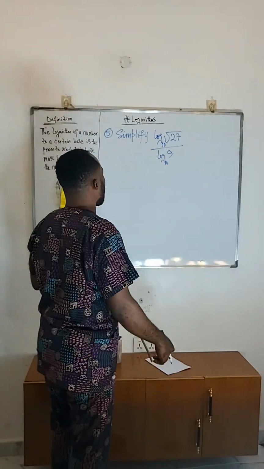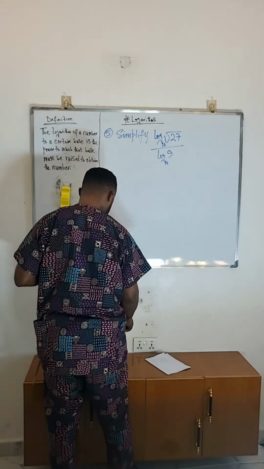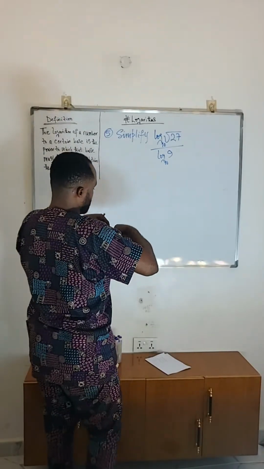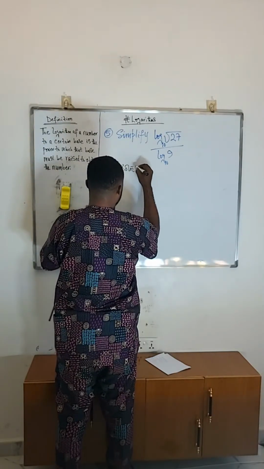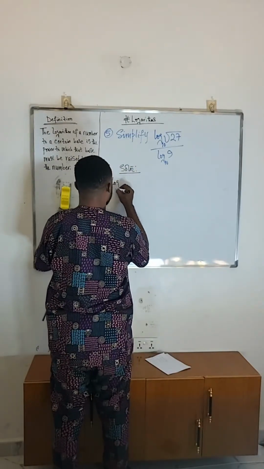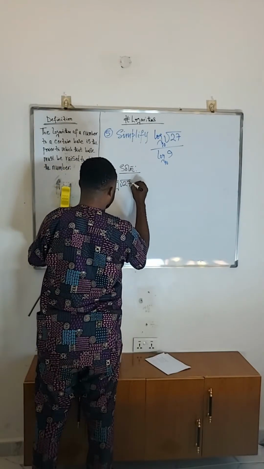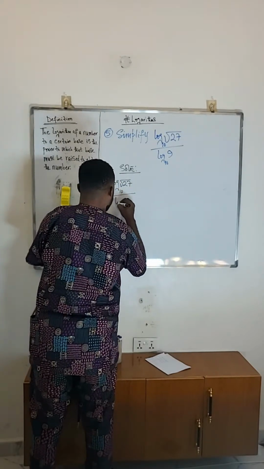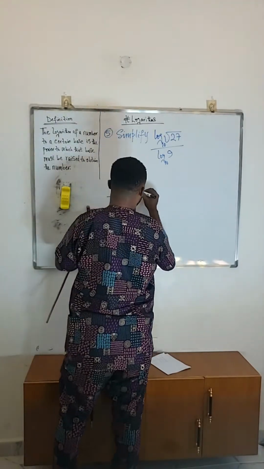Okay, so let me change the biro. Let's write out our solution. You have log root 27 in base 10 all over log 9 in base 10.